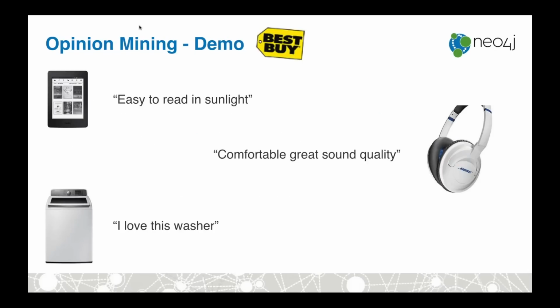So let's look at some examples for some different products. Looking at the Amazon Kindle and using this method, one of the top scoring phrases that comes out is easy to read in sunlight. So that's something a lot of users were talking about. Looking at some headphones, comfortable, great sound quality. For a Samsung washer, I love this washer. This was one of the candidates that came out.